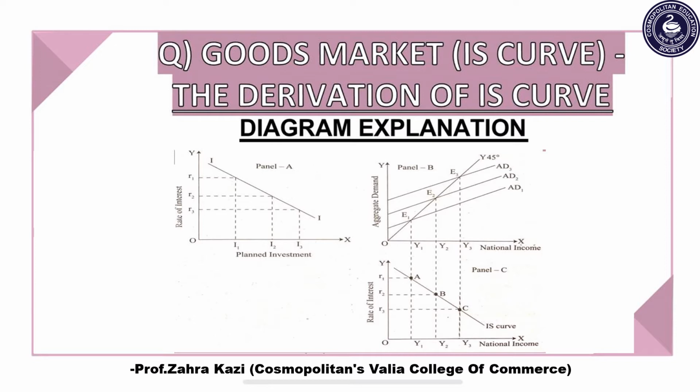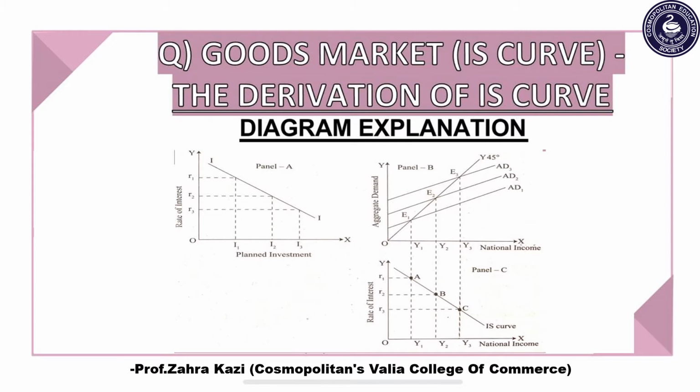For example, look at the diagram carefully. At rate of interest R1, our planned investment is I1. Once the rate of interest falls from R1 to R2, our planned investment increases from I1 to I2. When the rate of interest falls further to R3, the planned investment increases further to I3.